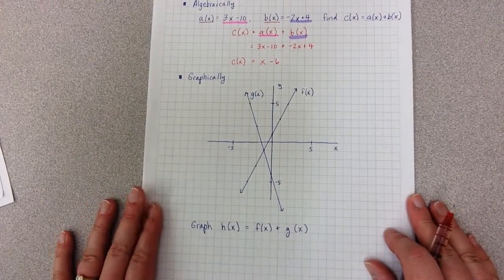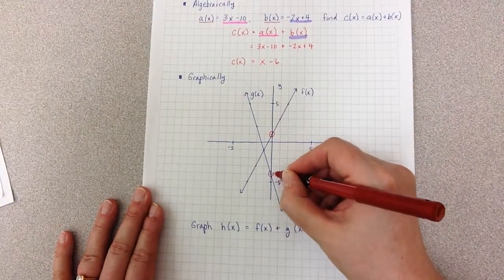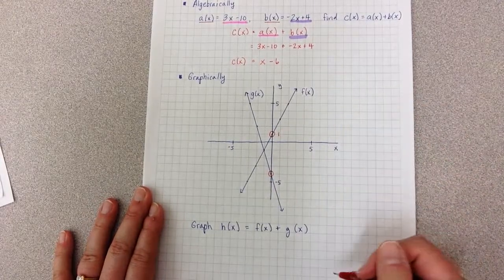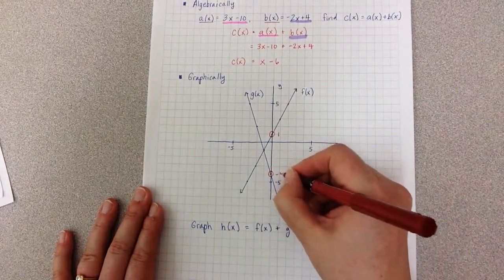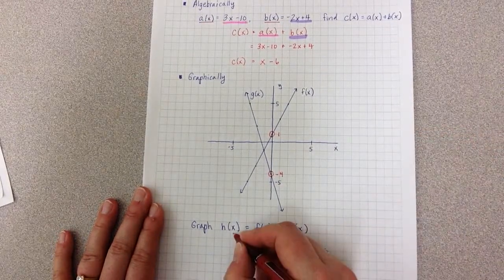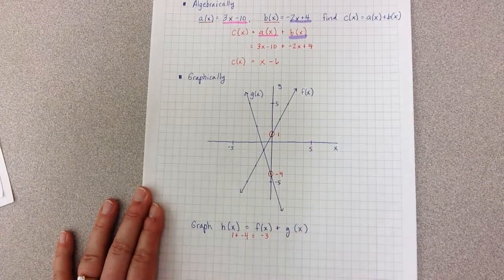So I'm going to take these two values right here. I see that this one is positive 1, and this one down here is negative 4. So I am going to add 1 plus negative 4, and that equals negative 3.